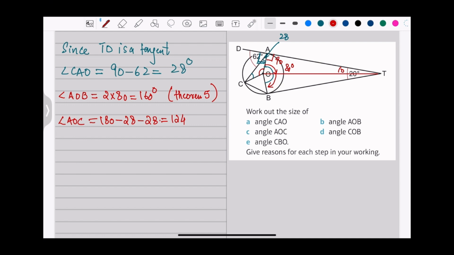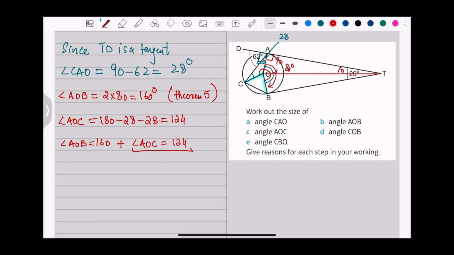For D, it's COB. As I can see, this is also an isosceles triangle, where this side and this side are the radii. Now I know that angle AOB is 160 plus angle AOC, which I just found out to be 124.